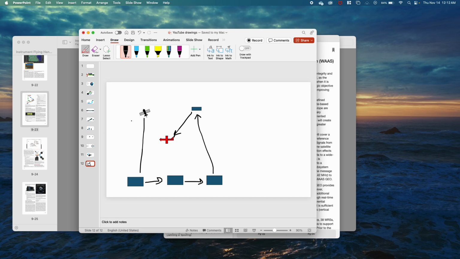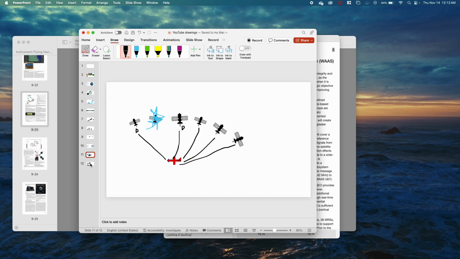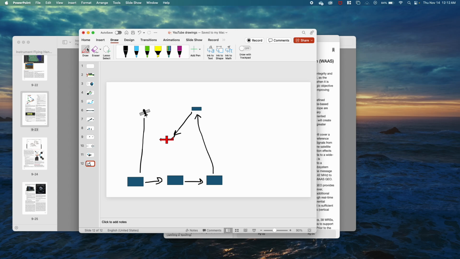All right. So with WAAS now, you have additional capabilities. Because your GPS becomes more sensitive, now we can shoot more sensitive approaches. So here are all your choices.